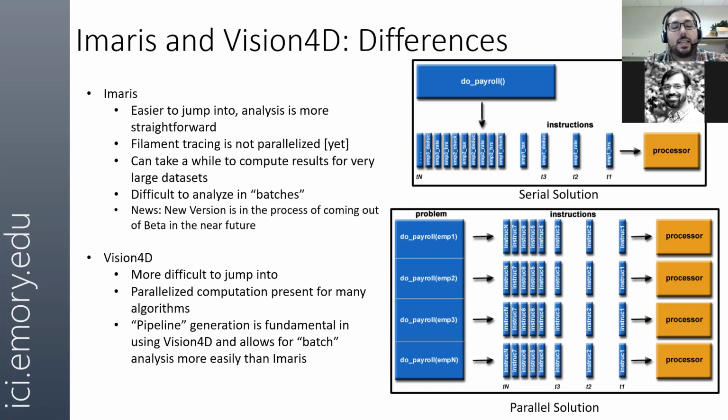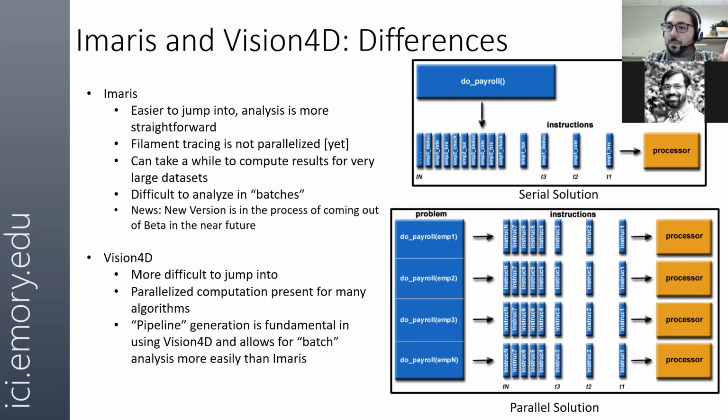And the last thing I mentioned is pipelines. Say you want to perform a certain analysis that includes a little bit of machine learning or a very specific kind of analysis, in the same way that we're able to batch in Fiji with macros to perform the same analysis on a bunch of different data sets, you can do the same thing with Vision 4D, where you have a pipeline of analytical steps.